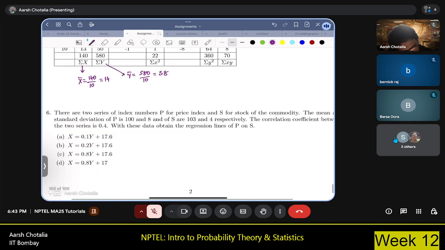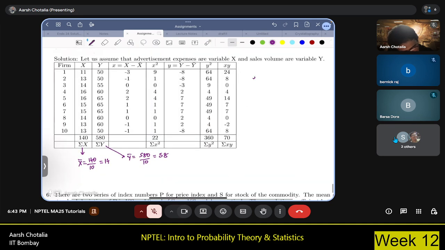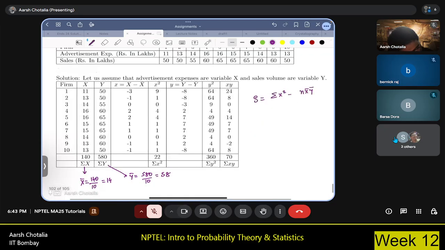Okay. So now the correlation coefficient is again, what was it? Sum over xy minus n x bar y bar, divided by sum over x square minus n x bar square.